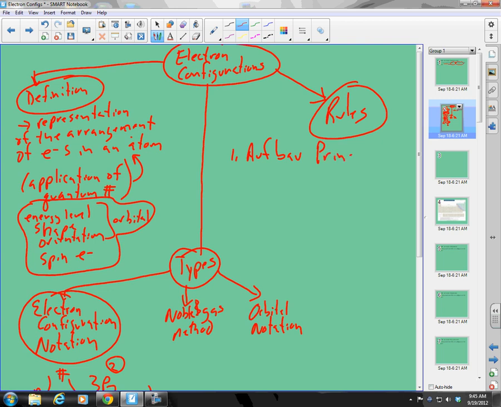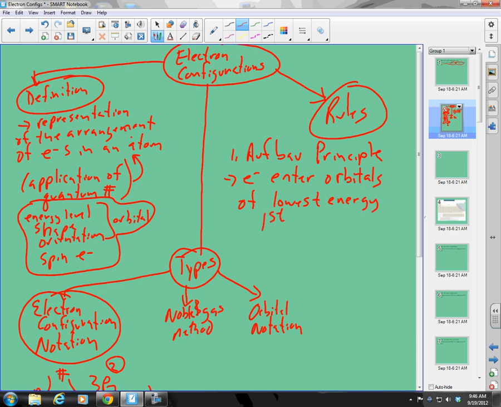The Aufbau principle states that electrons fill, enter, or occupy, you might say, orbitals of lowest energy first.